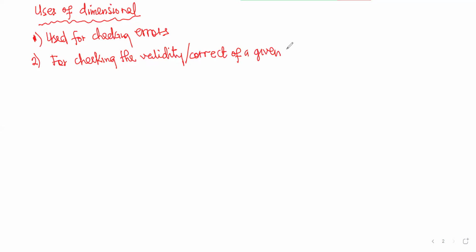Nora: Please, it is used for deriving formulas. Okay, so she's saying that it's used for deriving formulas or relations between what, Nora?